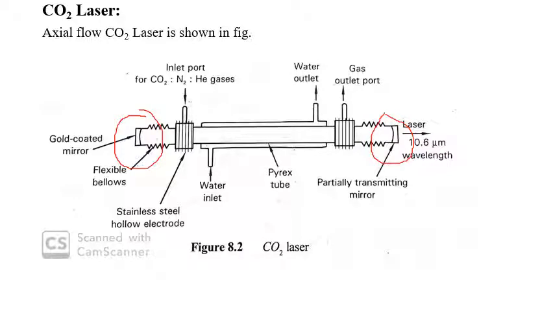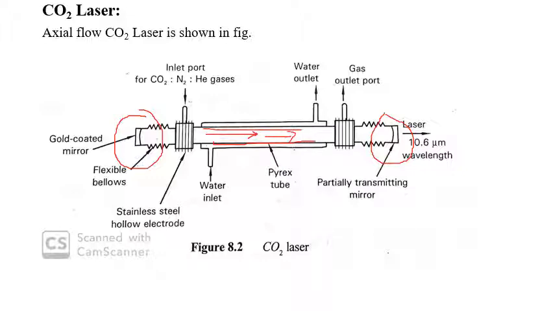The 100% reflector redirects the photons inside the gas tube, while the partial reflector allows a part of the laser beam that can be used for material processing. And typically the laser tube is cooled externally as well. Look at the tube here, because of some actions the temperature is raised inside the tube.